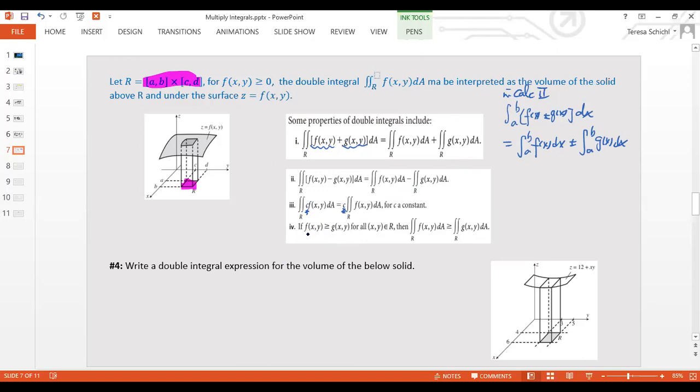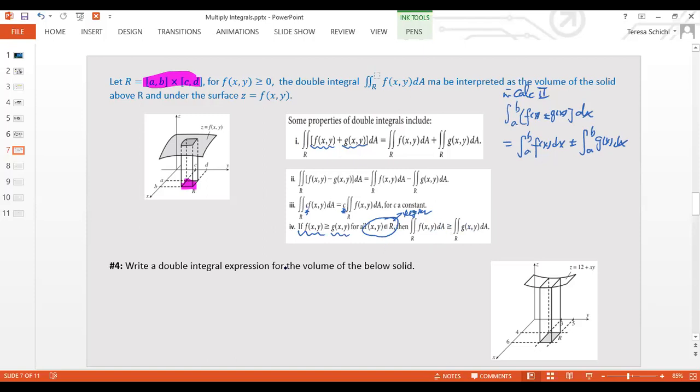And also, if f(x,y) is greater than g(x,y) for all values in this region R, the integration region, then when you do the integration, it will be greater. It's intuitively true, right? That means this one will have a bigger volume than this one.